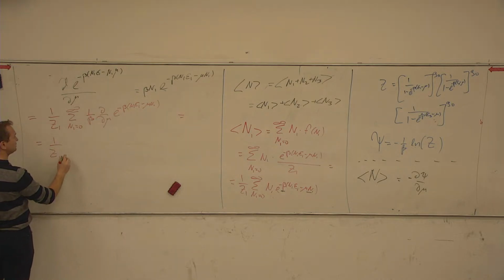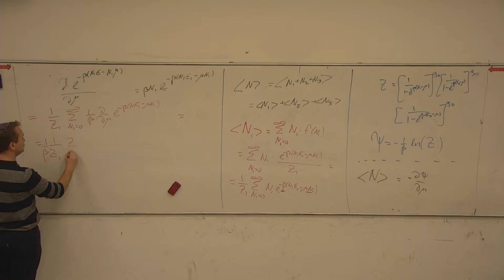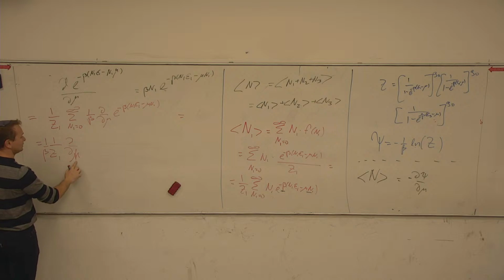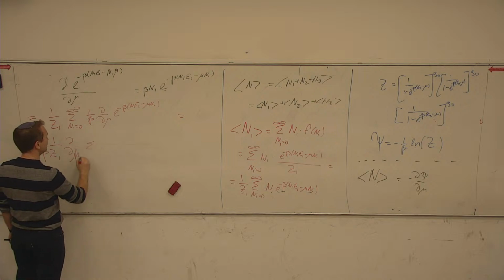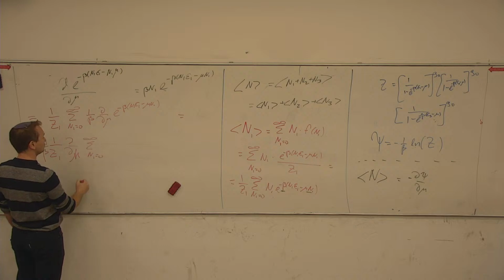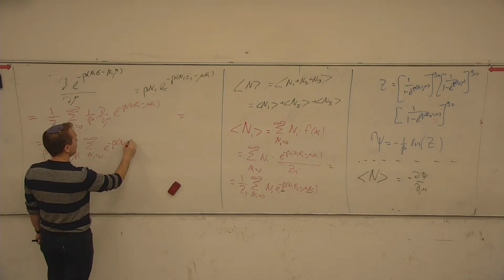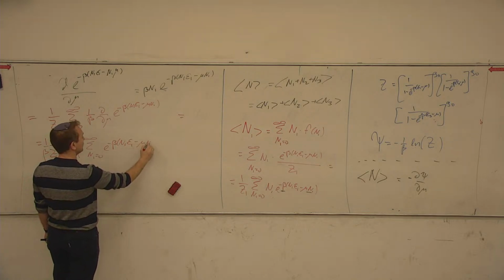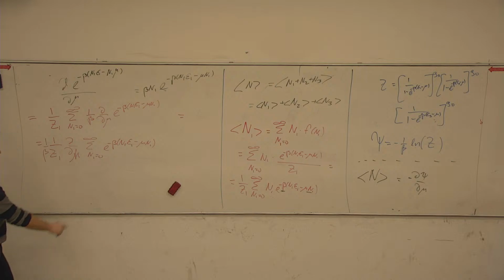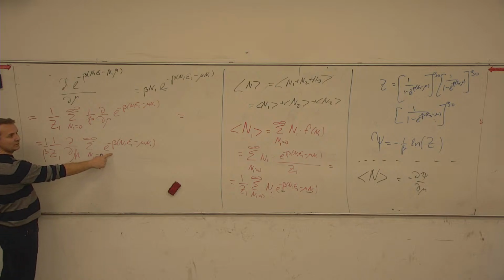1 over Z1, 1 over beta, d to d mu, and I here have the sum over N1 from 0 to infinity of e to the power minus beta N1 (epsilon 1 minus mu). What is this sum over here? The partition function.